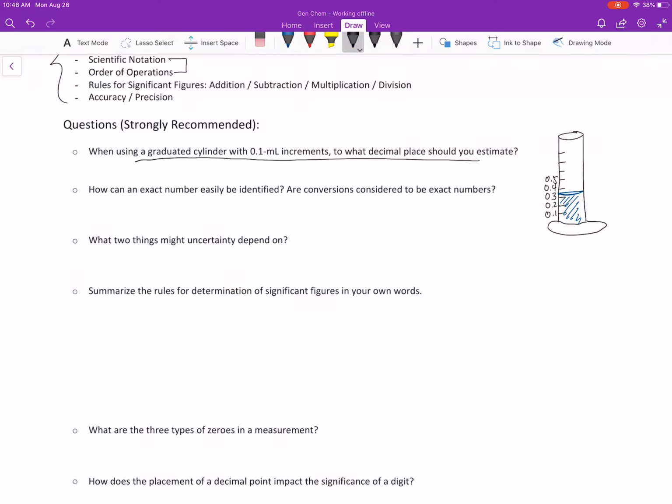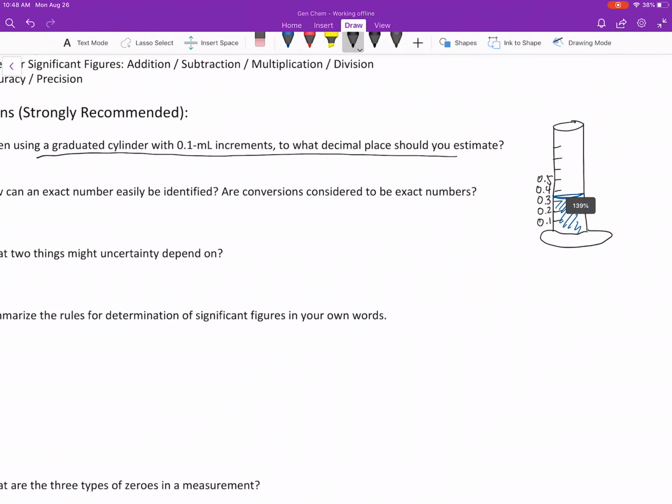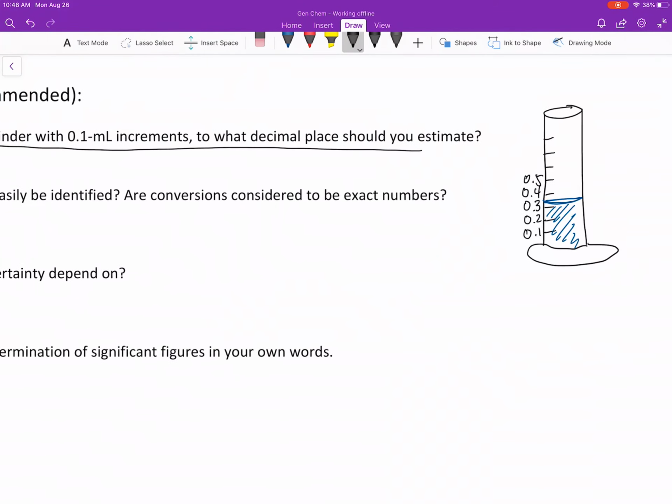Now, it's asking to which decimal place you should estimate. So if I zoom in, I can very clearly see that the water level is somewhere between 0.3 and 0.4 milliliters. But where it is in that range is the part where we have to estimate, okay? And so for me, I'm going to say, based on the meniscus, that this is probably 0.31 milliliters.